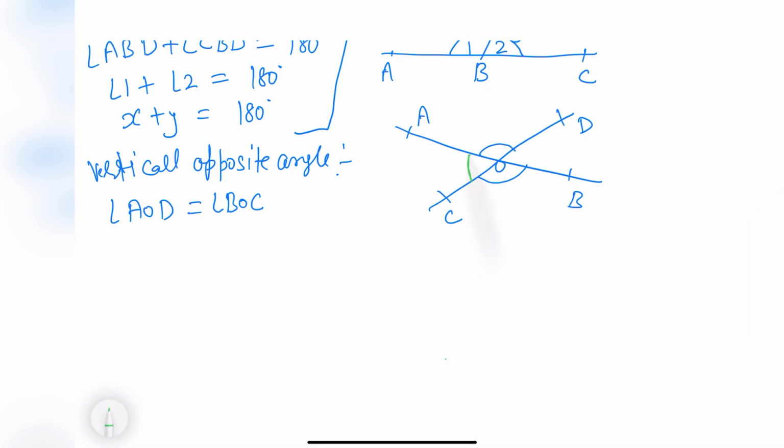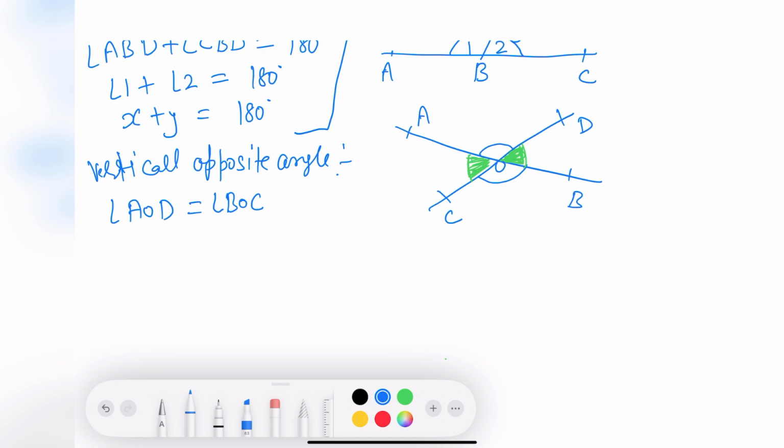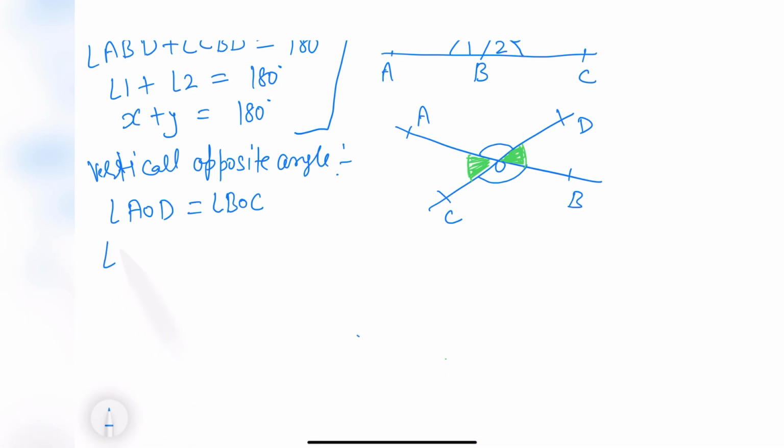Now angle AOC is equal to angle BOD. These two are also equal because they are also opposite to each other.